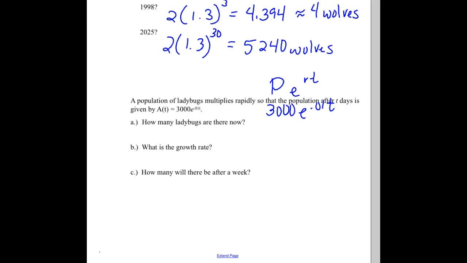Okay, so let's compare. Our initial amount is how much? 3,000. So how many ladybugs are there now? There's 3,000. Now, in terms of the growth rate, your growth rate is everything that was in parentheses. So when you think about our compound interest formulas or our exponential growth, like in the previous example, this 1.3 would be the growth rate.